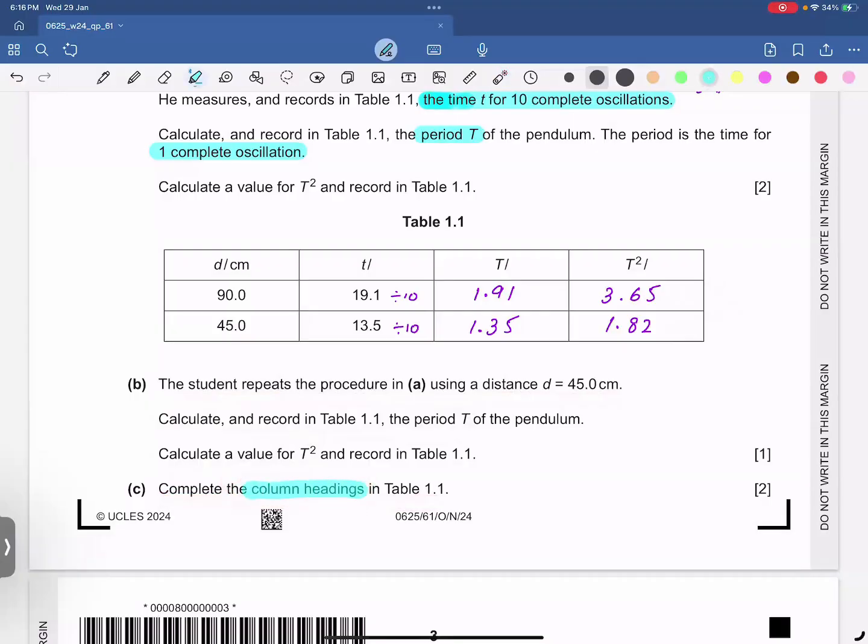Column heading means on the top of the column you have to write correct units. So correct units for time, it is seconds. Period of oscillation is also seconds. Since this is t square, it will be seconds square. This is how we write it. Let's proceed to the next page.